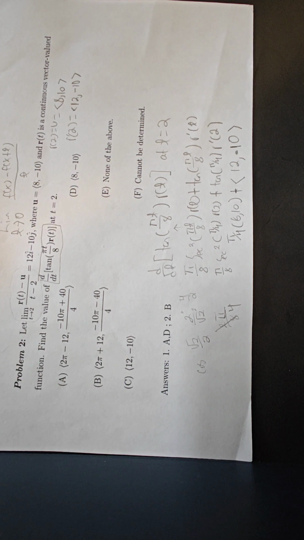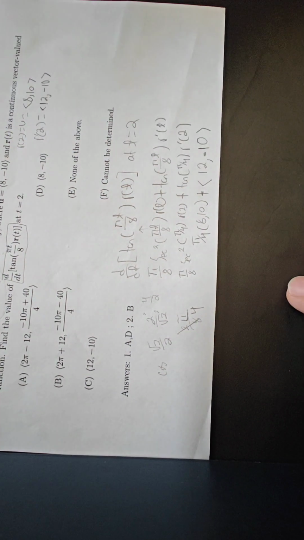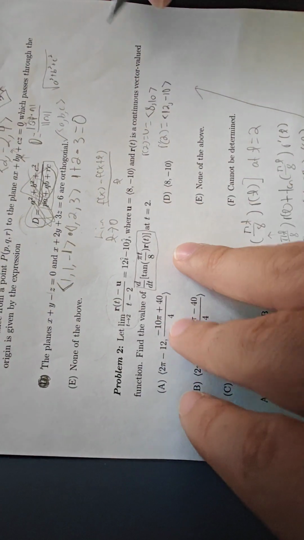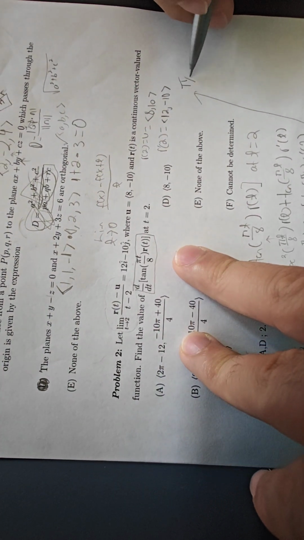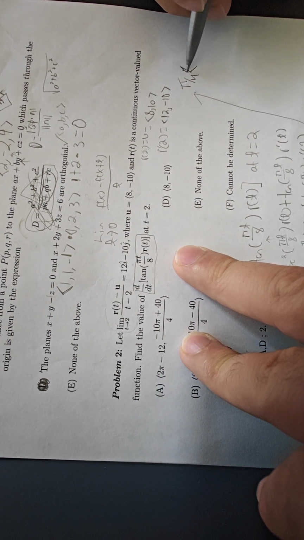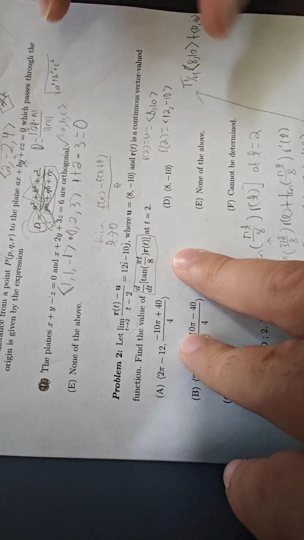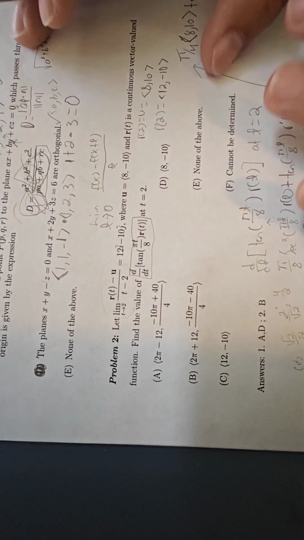Doing some math here to multiply everything out, and I'll bring this all up here just to rewrite, give myself a little more space. Over 4 times a vector 8, 10 plus 12, negative 10. You can see there.